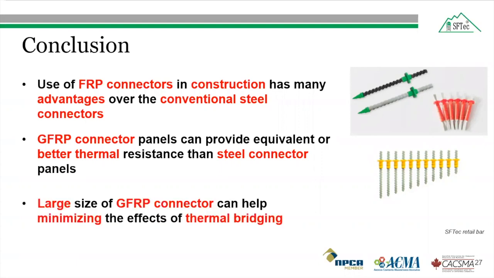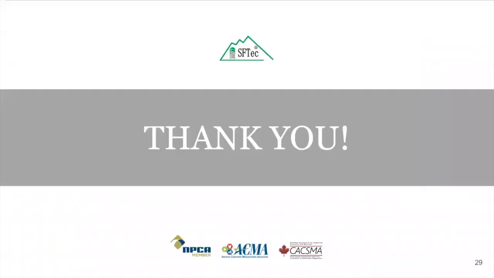And finally, the large size of the GFRP connectors in precast insulated panels provides better thermal resistance, which is the opposite of what would be expected from steel connectors, as increased steel connector area would lead to more thermal bridging.